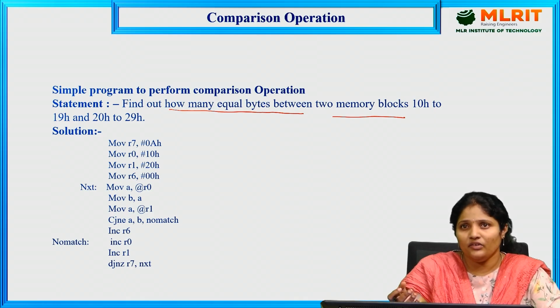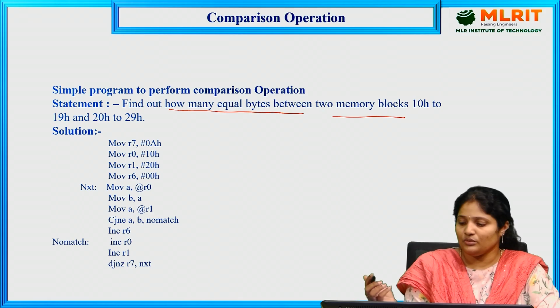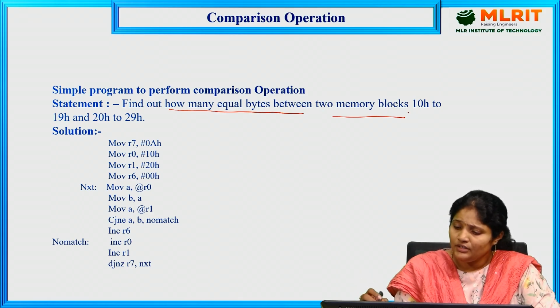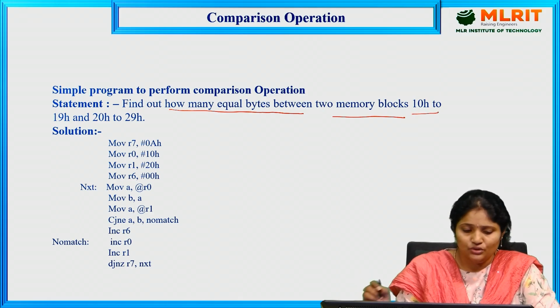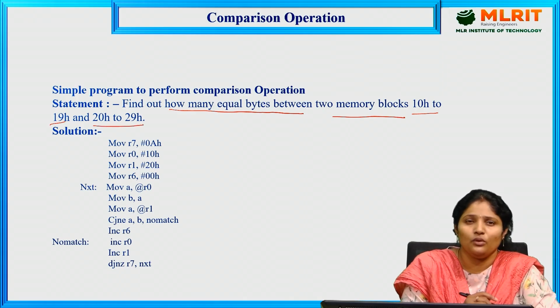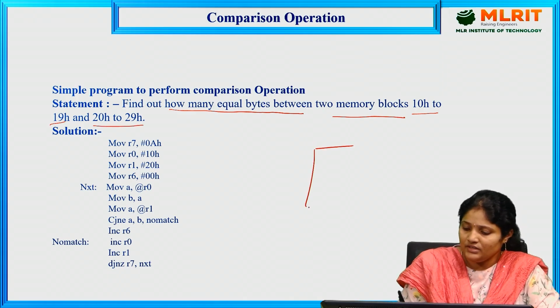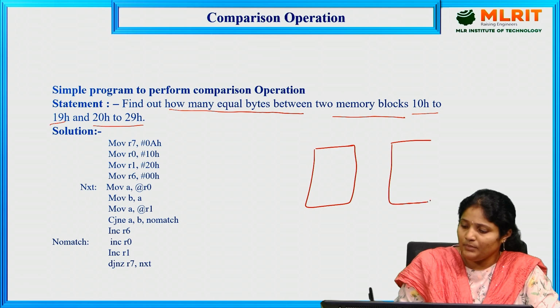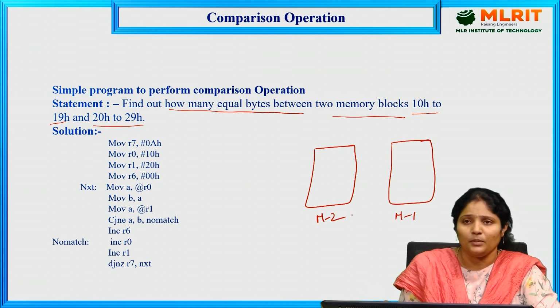They have already given the location addresses: two memory blocks, 10H to 19H and 20H to 29H. Let us consider the first memory location and the second memory location.